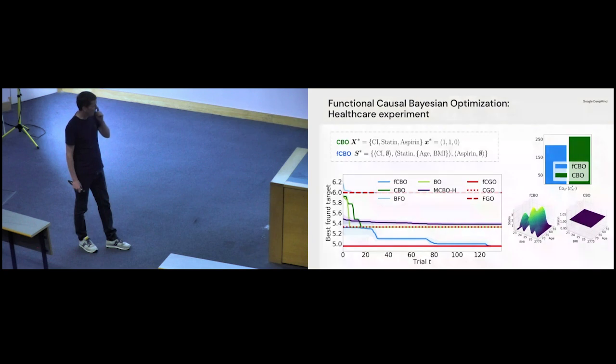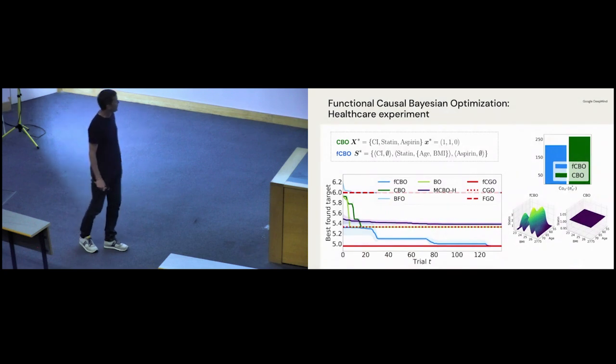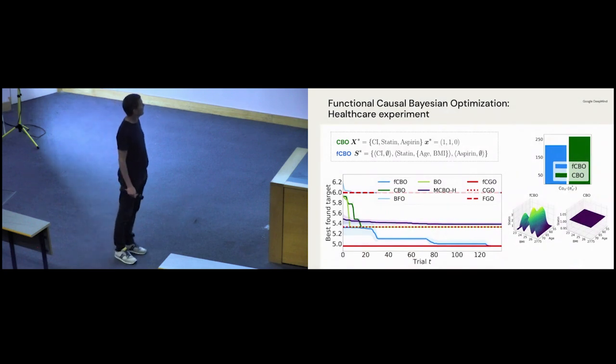For example, the solution here, S star, tells you that you have a hard intervention on calories intake, and then you have a functional intervention on statin, because it has a context that is not empty, and then you have a hard intervention on aspirin. Something interesting that has not been done is if you want to make the mixed policy scope S dependent on another variable.